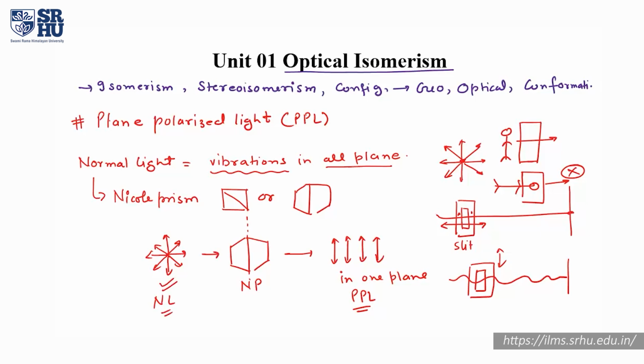It has vibrations in all planes. So when it is passed through a nickel prism or tourmaline crystal, the vibrations in all the other planes are cancelled except the ones in the vertical direction, or you can say those parallel to the axis of the nickel prism. Now the outcoming light has vibrations in only one plane. This kind of light is known as plane polarized light.